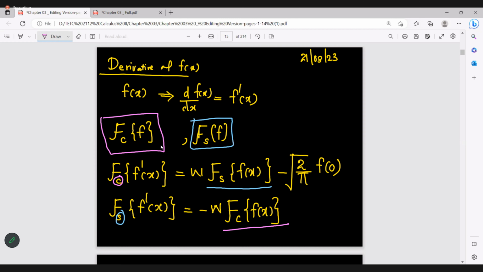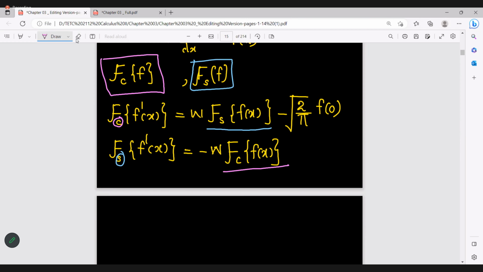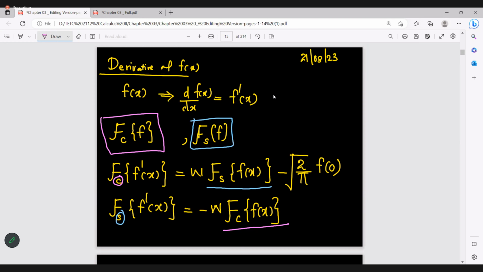So can you give it a try to find this one? If we take the derivative d over dx of f dash x, what result do we obtain? It is the second derivative of f.